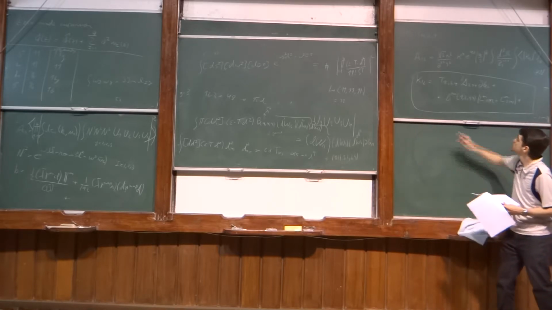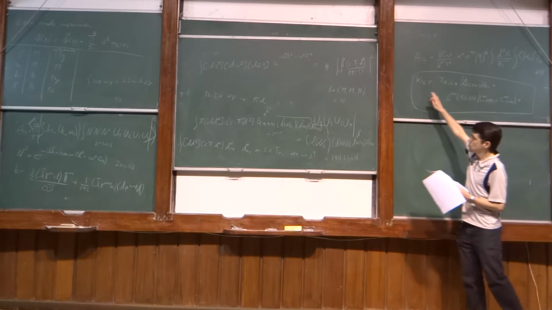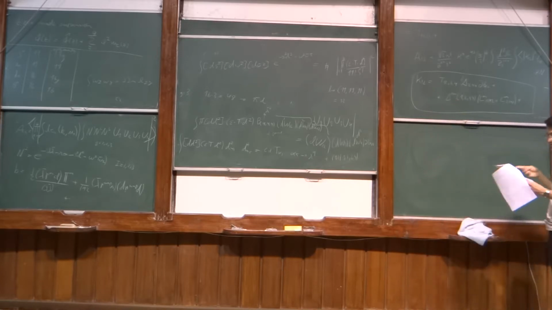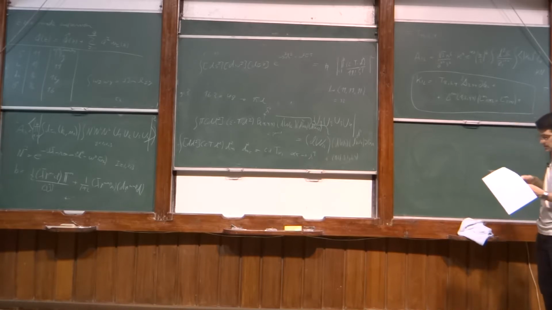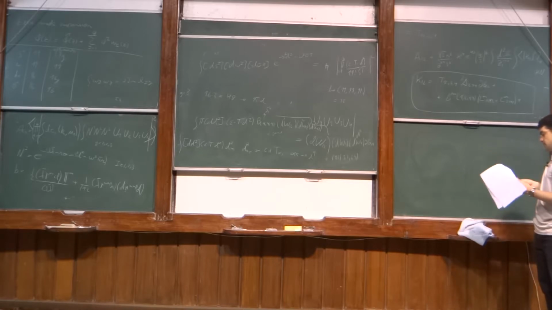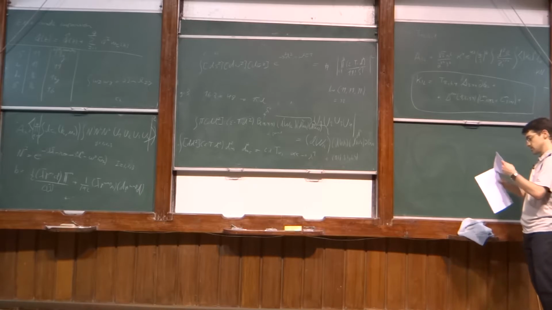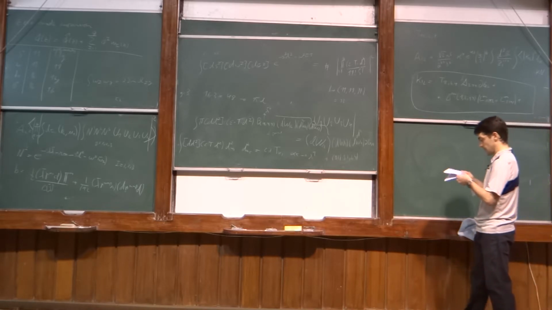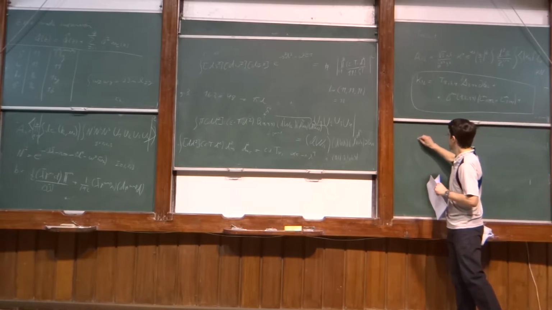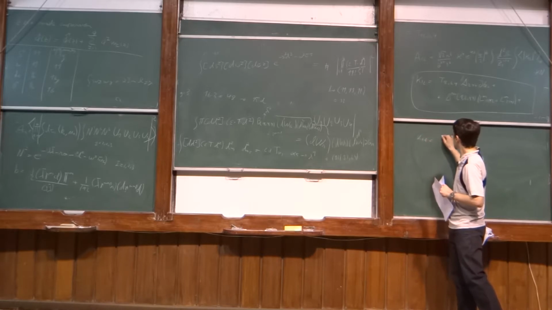Okay, so that was the 12 zero mode part. There is still the 11 zero mode part. The calculation is a bit more convoluted, but you can do it in the same way, and the result that you get is quite compact. I would say it's something like K11.